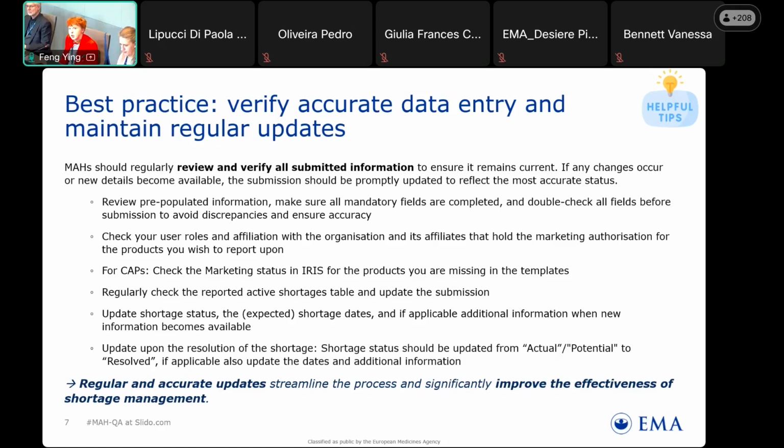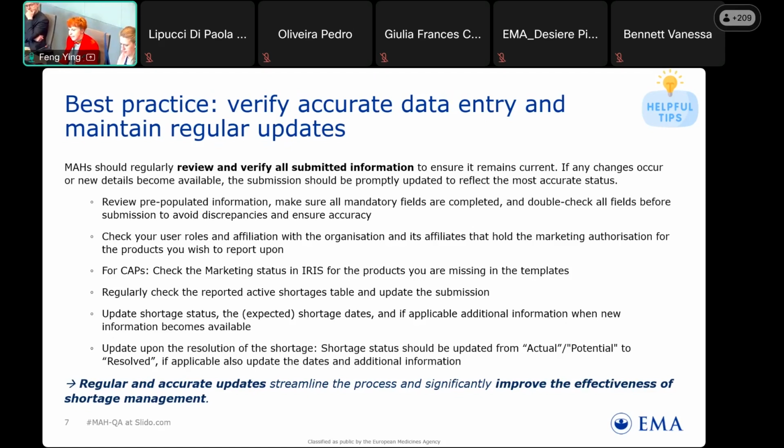In terms of the user roles and affiliation, make sure you have the correct affiliation with the organization set up for which you want to do the submission. For centrally authorized products, checking the marketing status in IRIS for products you are missing in the templates is often why we'll explain why you're not seeing them.